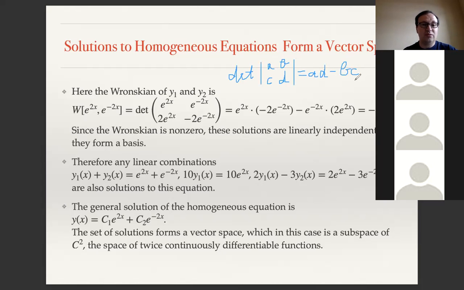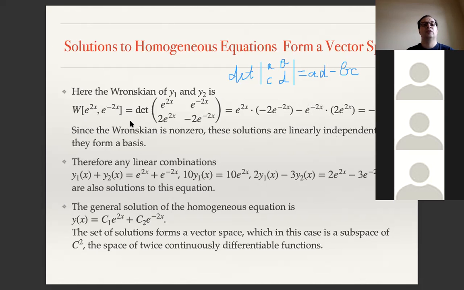All right, so in our case, it's going to be e to the 2x times minus 2e to the minus 2x, and then minus the product of the other two terms. So both products are, actually, one is minus 2 and the other one is 2, but there's a minus between them, so it all adds up to minus 4.